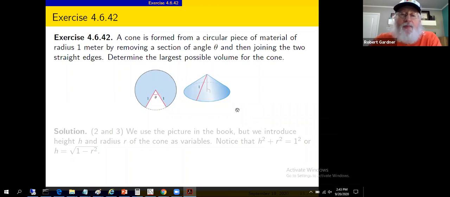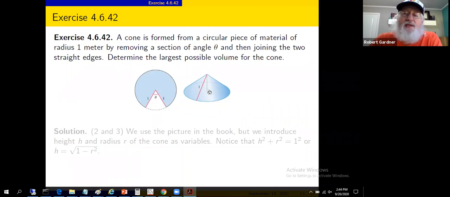But here's the plan. We've got a situation where we started with a disk of radius 1. We've removed this sector and glued these 2 straight sides together to create a cone. This slant distance will be 1. The height we'll have to compute, and the base radius we'll have to compute.